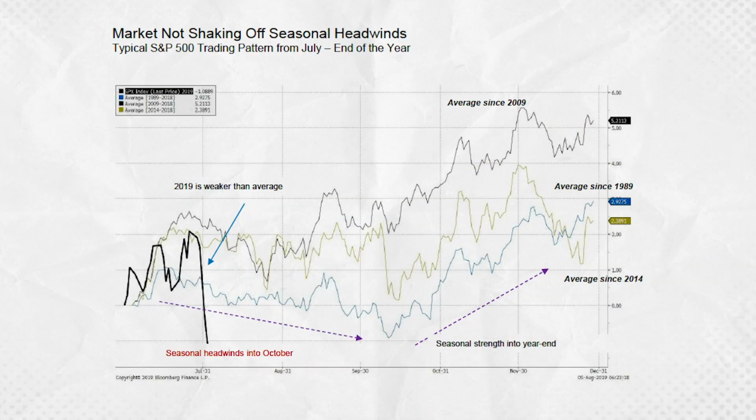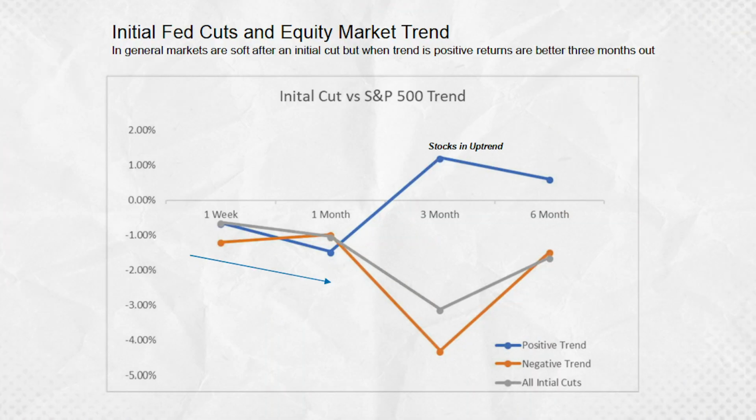Well, seasonality, it tends to be weak this time of year from July into October. Also, after the Fed cuts interest rates for the first time, markets tend to act poorly for about a month later after the cut, right? So as we're seeing the markets roll over here, we need to view it within the context of what is, I would typically say, normal, right? Weak seasonalities and weak performance after a Fed cut.